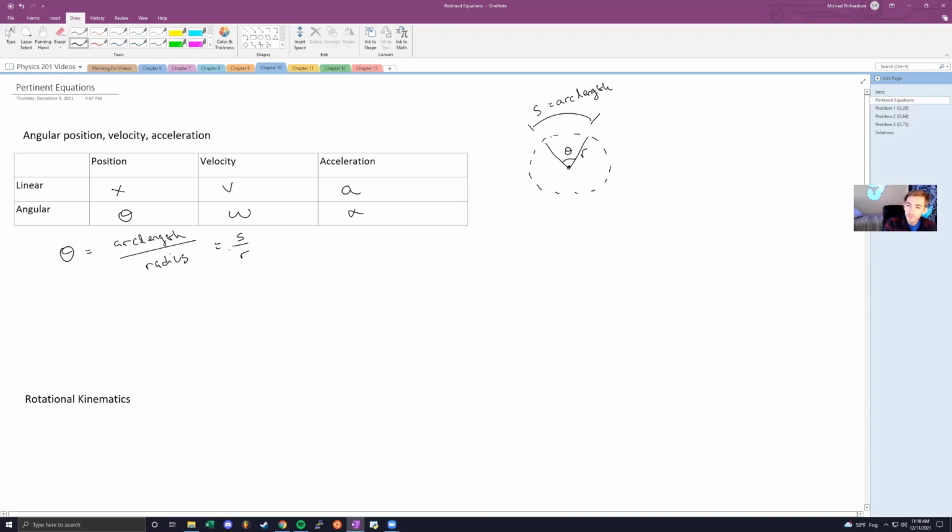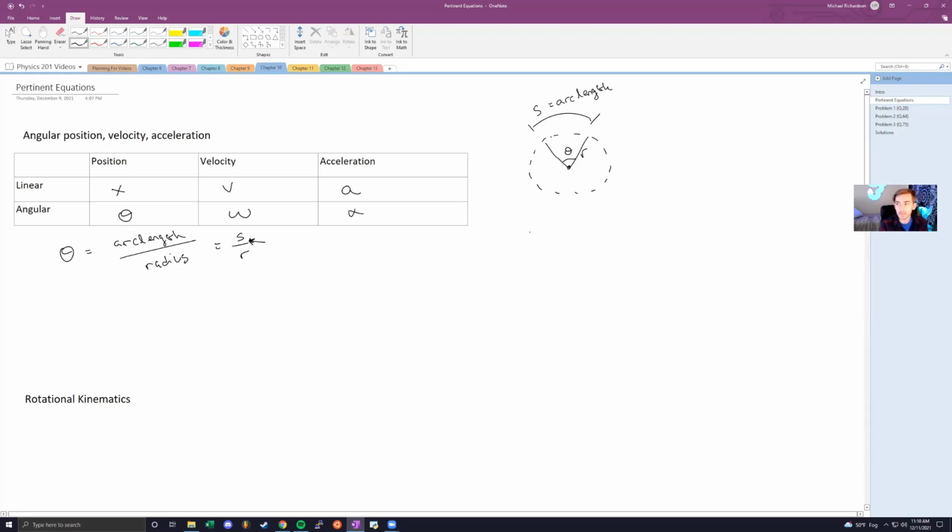Probably not too often are you going to use arc length. However, this arc length is directly tied to our position that we would move. So if we have something like our X position, and we want to turn it into a rotational analog.